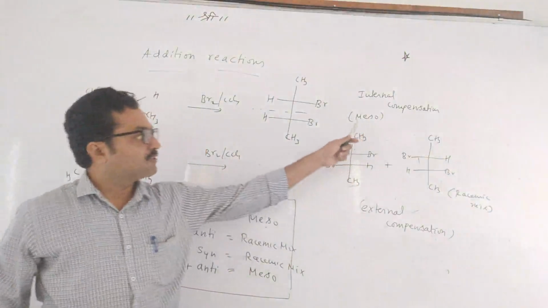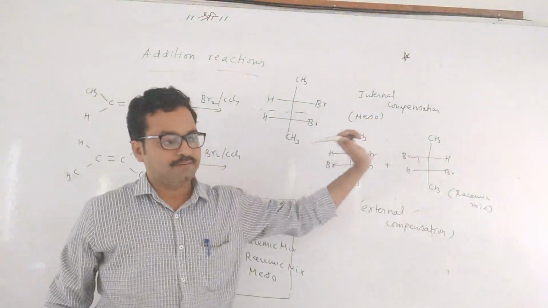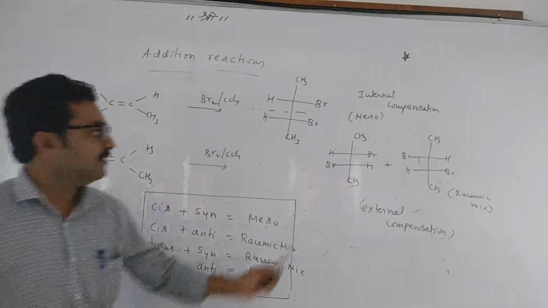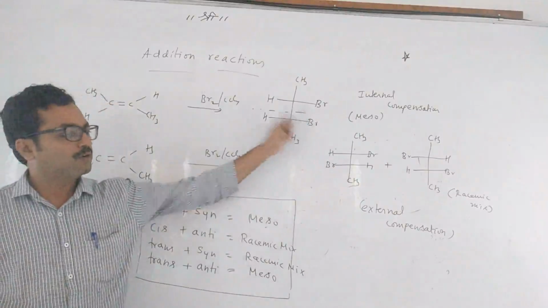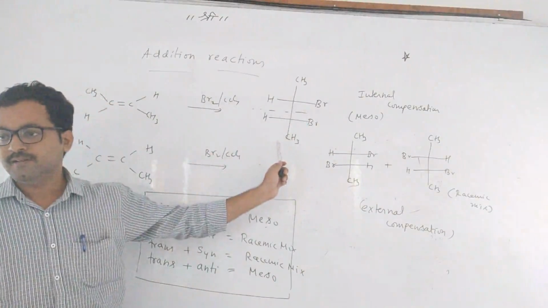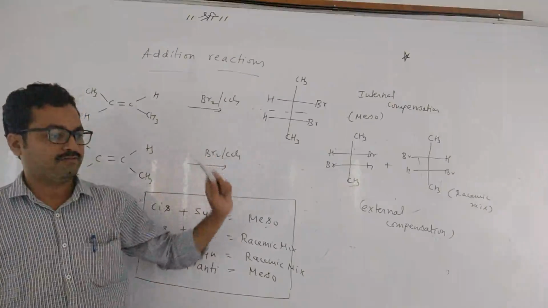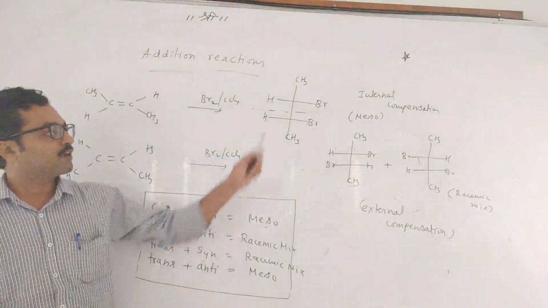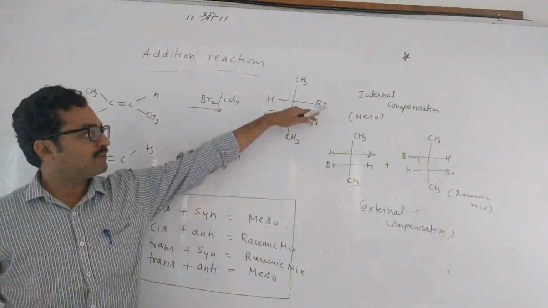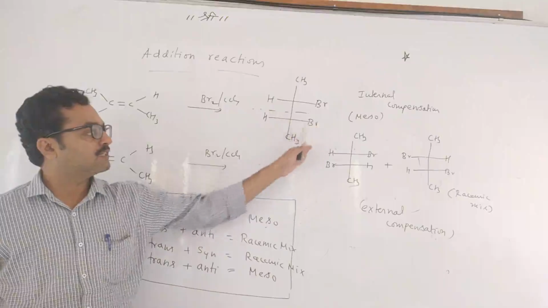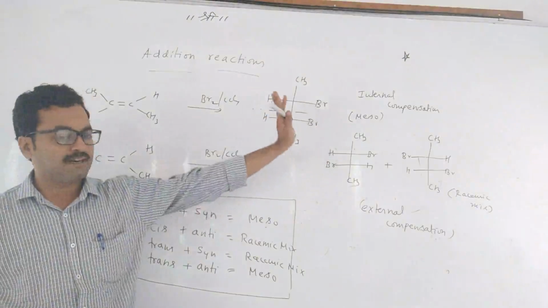That phenomenon is called internal compensation. It means the specific rotation caused by one half of the molecule is nullified by the equal and opposite rotation caused by the other half. That is called internal.